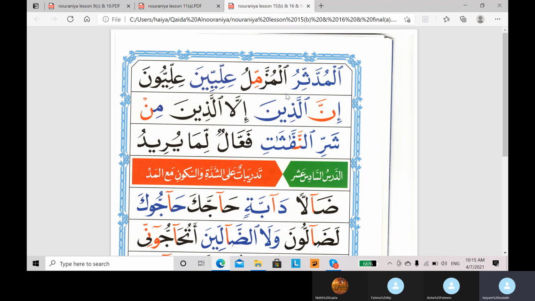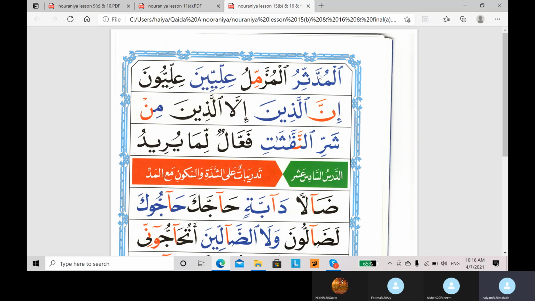I will explain shadda in detail after Eid, but at least now when you see it on any letter, it's easy. This sign is like a small w, and we call it shadda. When I see shadda on any letter, I just stress the letter for about two seconds. If I have the dal and tha with just fatha and kasra, I say Al-Mudathiri.